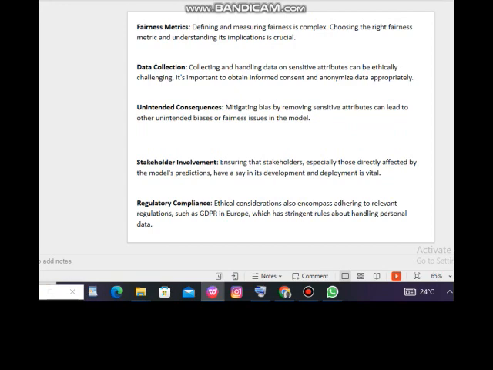Ensuring that stakeholders, especially those directly affected by the model's predictions, have a say in its development and deployment is vital. Regulatory compliance. Ethical considerations also encompass adhering to relevant regulations such as GDPR in Europe, which has stringent rules about handling personal data.